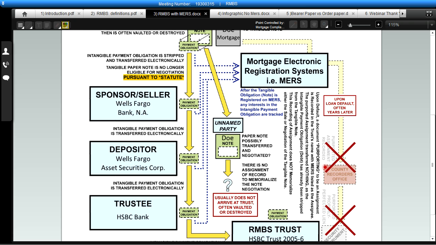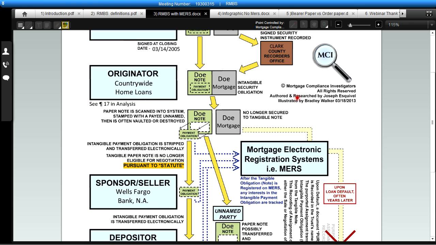However, that beneficial interest did not contain the rights to enforce the conditions for collection, because when the intangible payment obligation was stripped out and sold, it left the note no debt for the mortgage to attach itself to.